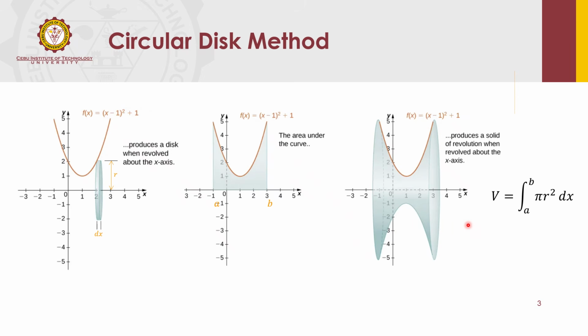The volume, therefore, of this solid of revolution is pi r squared, the area of the circular disc, multiplied by the thickness, dx for a vertical strip, from a to b.